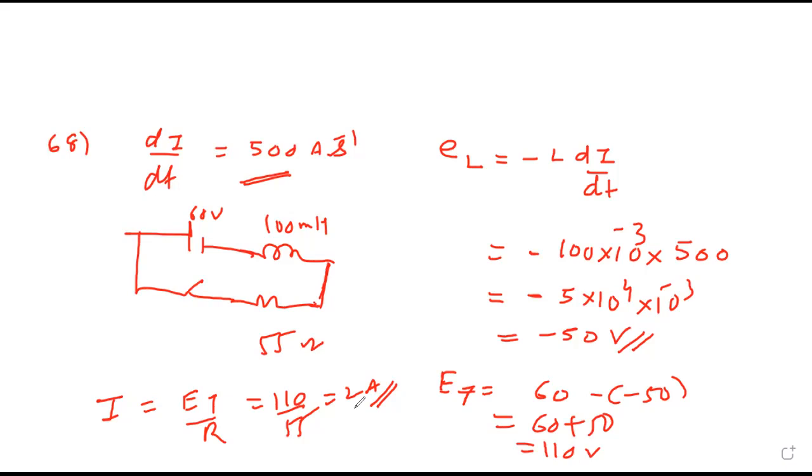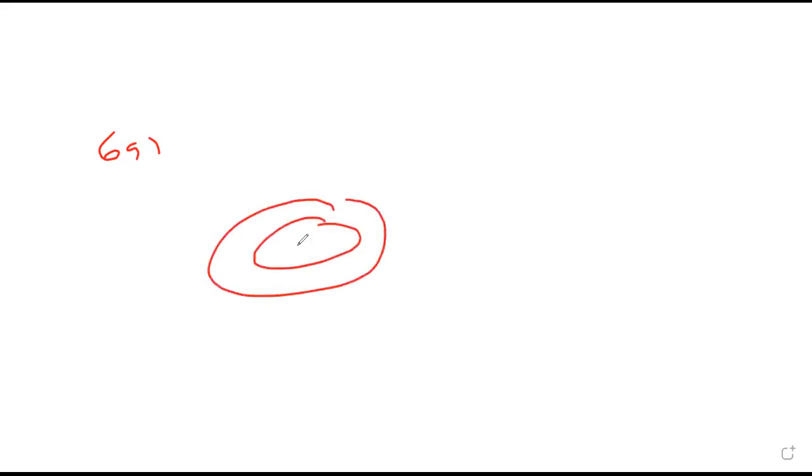69. Two conducting circular loops of radius R1, R2 are in the same plane with their centers coinciding. Same plane, centers coinciding, R1 and R2. The mutual inductance M between them will be directly proportional to what?